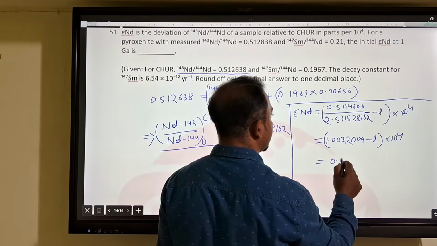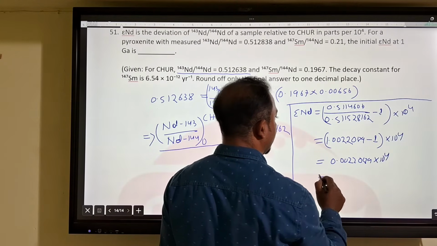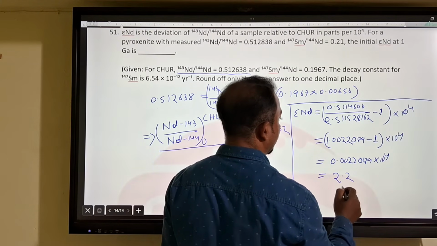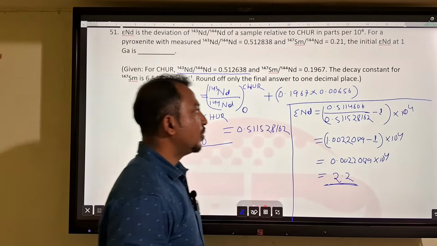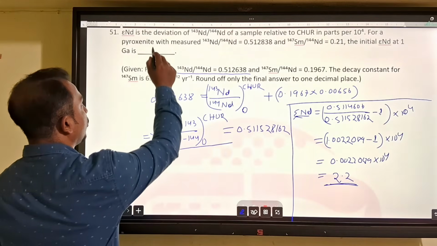This value will be 0.99977911 minus 1, that is -0.0002209, into 10 to the power 4, which will be -2.2. So the value of epsilon Nd will be -2.2.